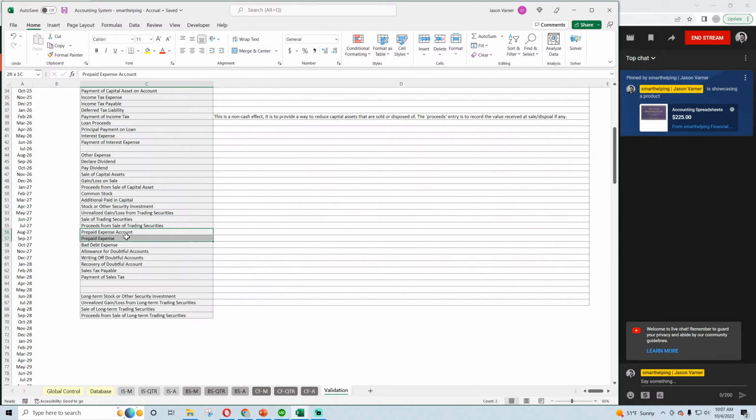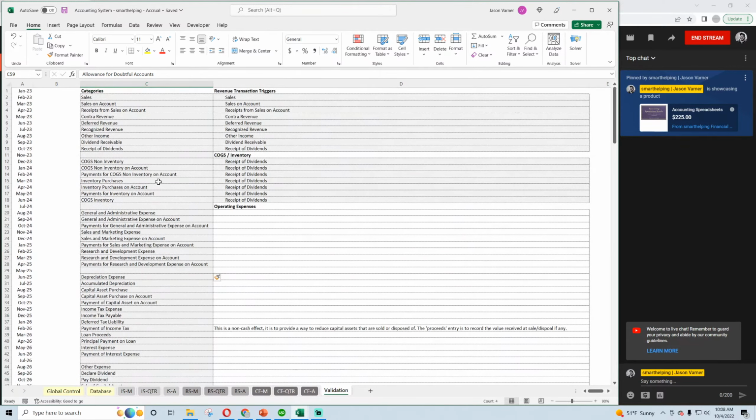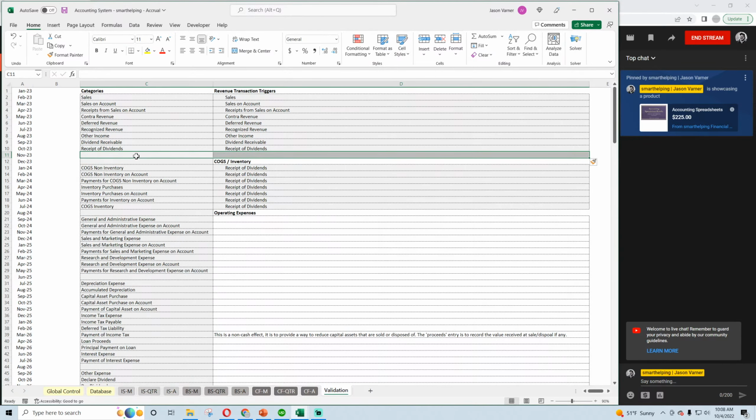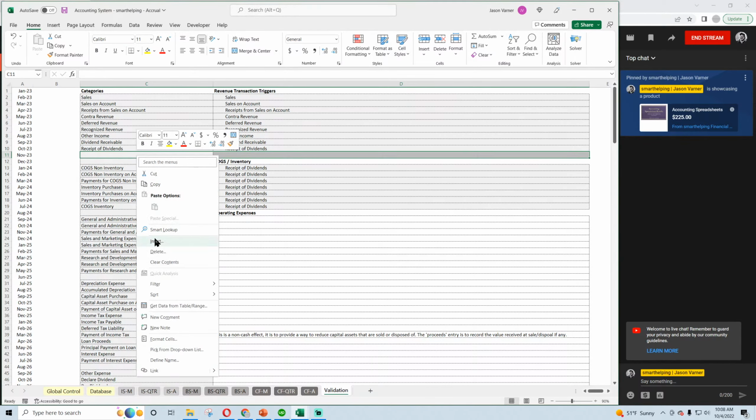Now, prepaid expenses. And bad debt, allowance for doubtful accounts. But technically, bad debt expense is going to be an accounts receivable item, because that's entered every time accounts receivable is entered.